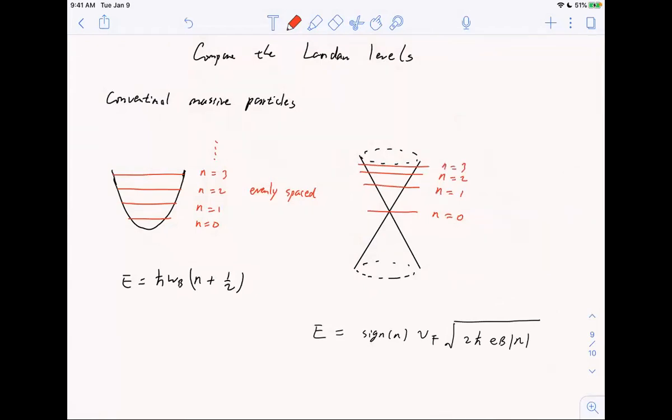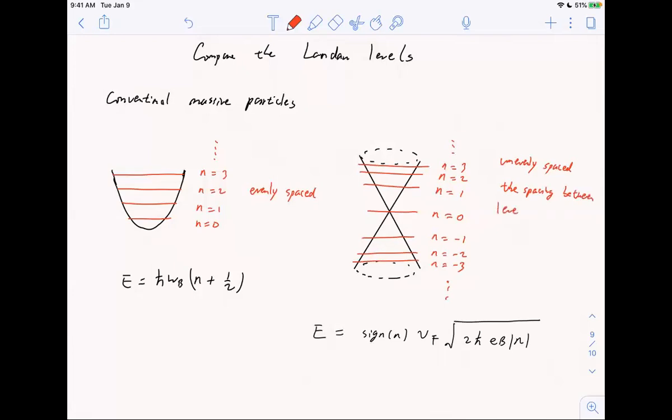You have something like that. Okay. -1, -2, -3, ... Unevenly spaced.